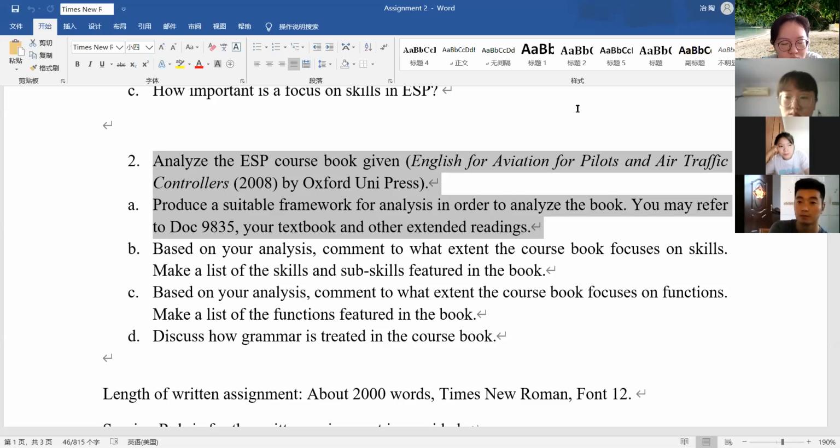Also, I have to emphasize that there are role plays in this book. I think this kind of exercise is really helpful because learners can put all they have learned into practice.